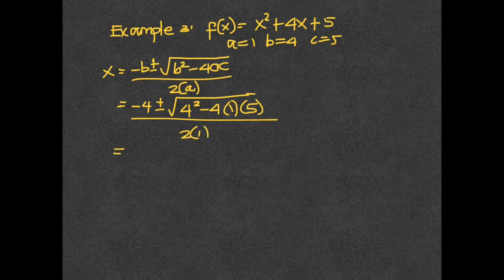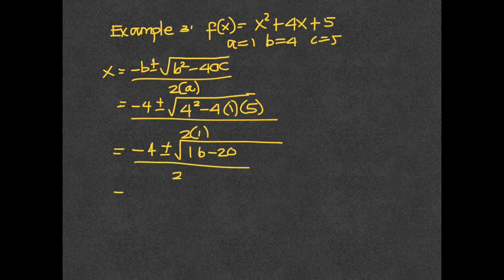Now we have negative 4 plus or minus the square root of 16. Negative 4 times 1 is negative 4, times 5 is negative 20, so minus 20, all over 2 times 1. So we have negative 4 plus or minus the square root of 16 minus 20, which is negative 4, over 2.